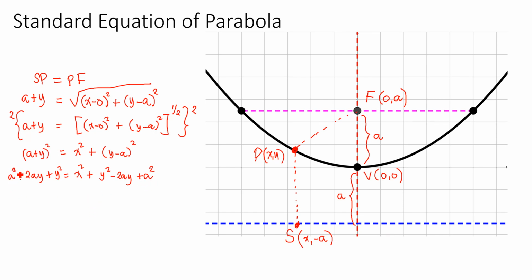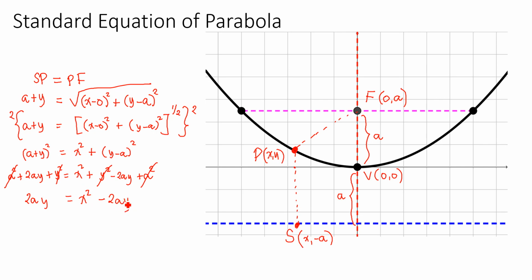So a squared is cancelled out, and y squared is cancelled out because they are the same on both sides. So what remains is 2ay equals x squared minus 2ay.